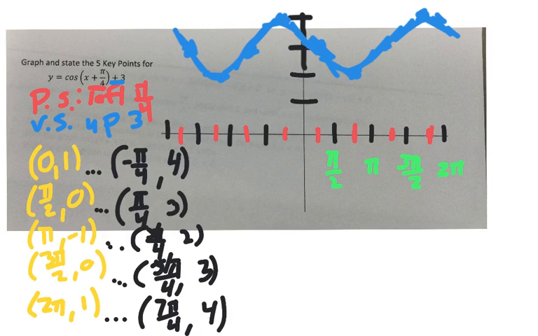So that graph would look something like this. So right now I'm looking at 2 transformations. I'm looking at a phase shift and a vertical shift. Did I go too fast?